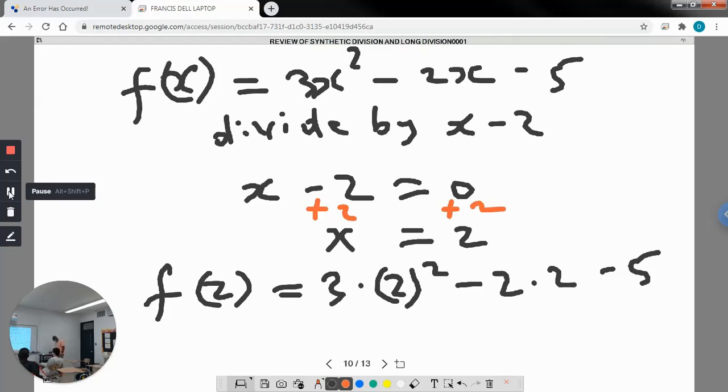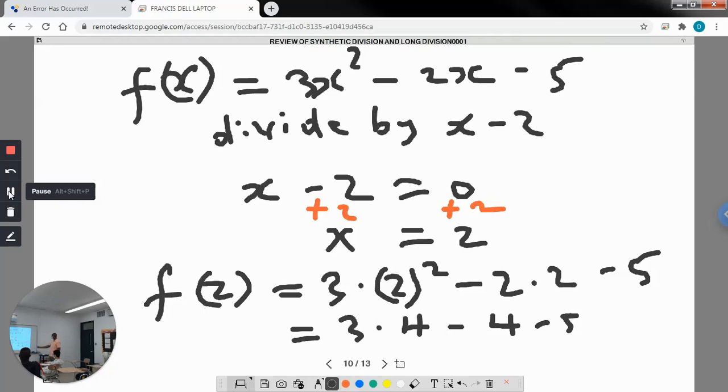So we substitute, and now we have 3 multiplied by 2 squared, minus 2 times 2, which is 4, minus 5. Two squared means 2 multiplied by 2, which is 4.